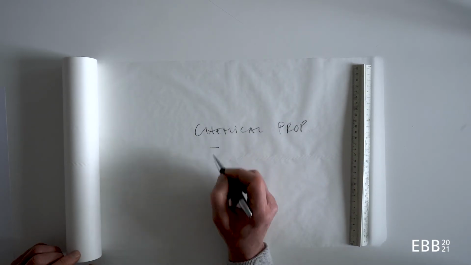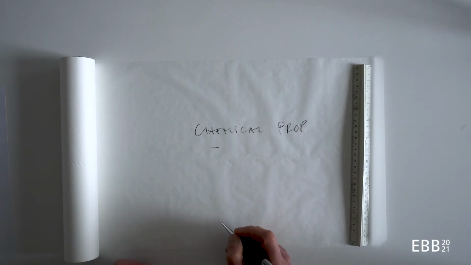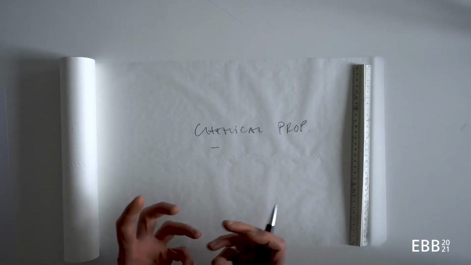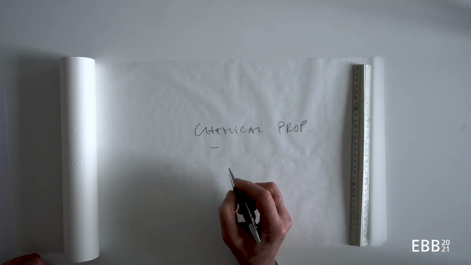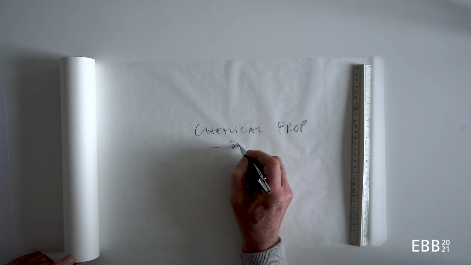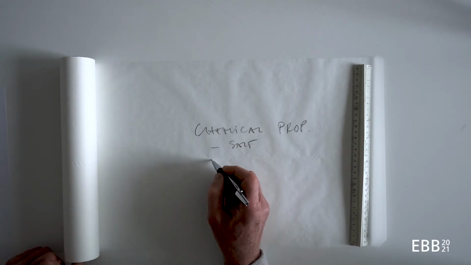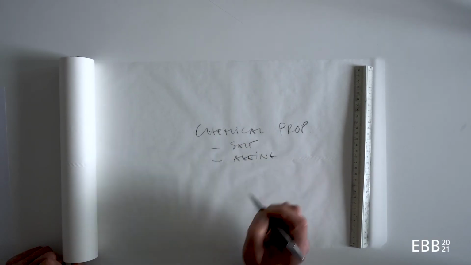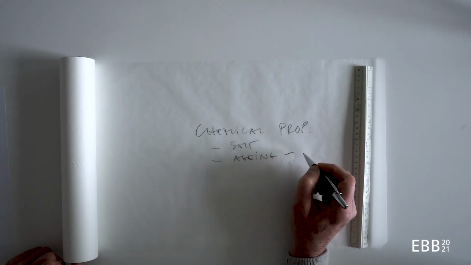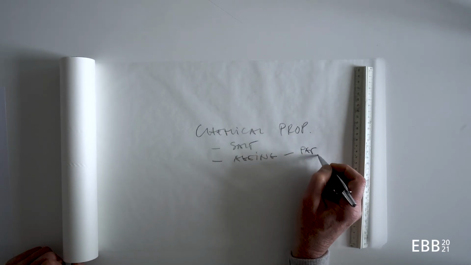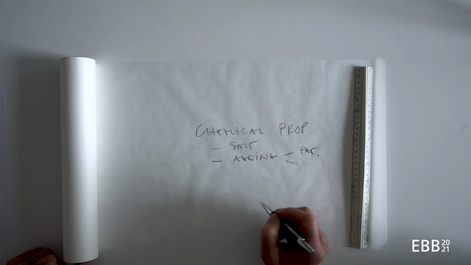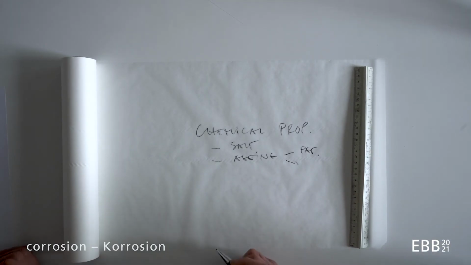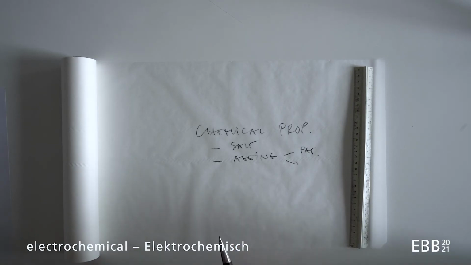This is mostly the reaction of materials to crystallizing salt. It's mostly stone and concrete. Then you have aging processes, which can be nice. Then we call it patina. And not so nice, then it would be corrosion or electrochemical corrosion as well.